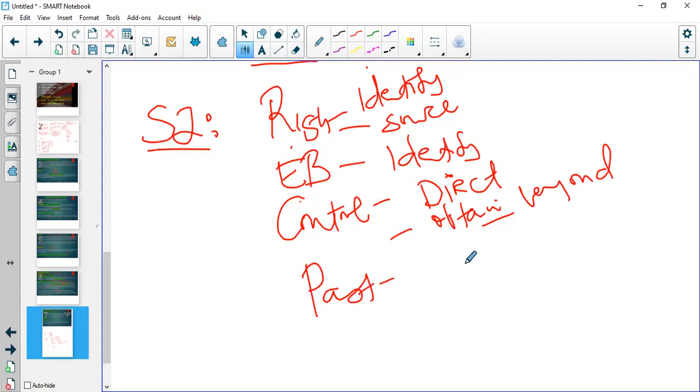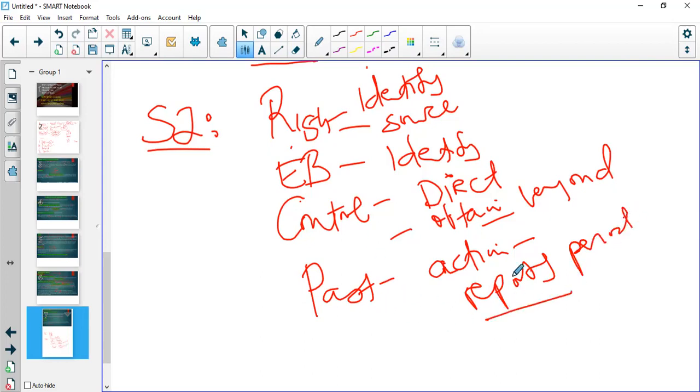So in talking of the past event, we need to look at the action that gives rise to that right. Okay. And the reporting period. Okay. Then if it meets all these, then it has met the definition of an asset. Then we say, yes, it is an asset indeed.